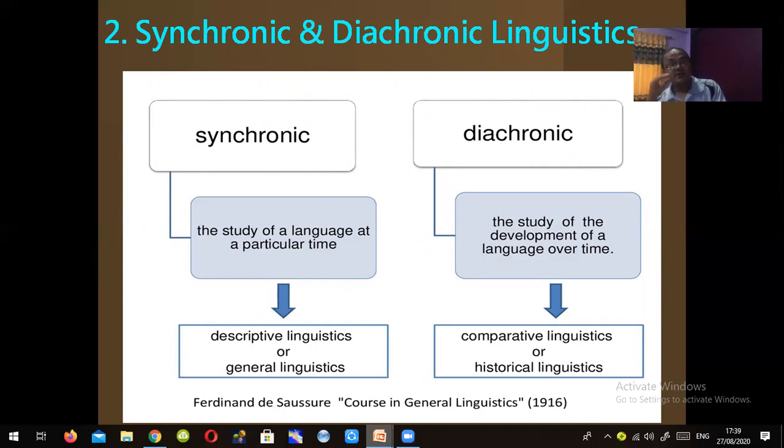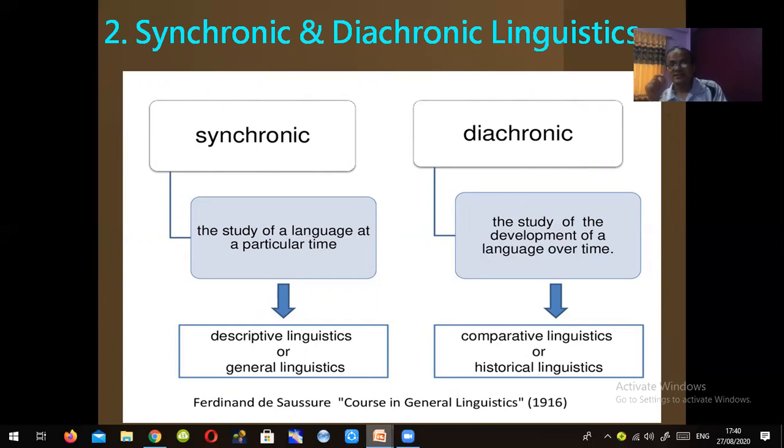Let's see synchronic and diachronic versions of linguistics. As the name suggests, synchronic linguistics means the study of language at a particular time. For example, we can study different languages at present, in 2020. Diachronic means over time, from the 19th century to the 20th century, for example.